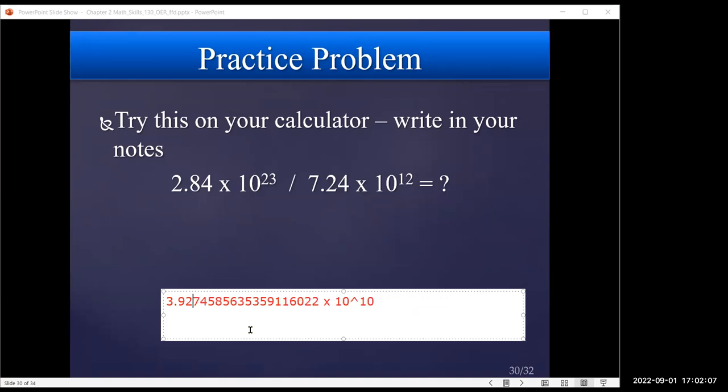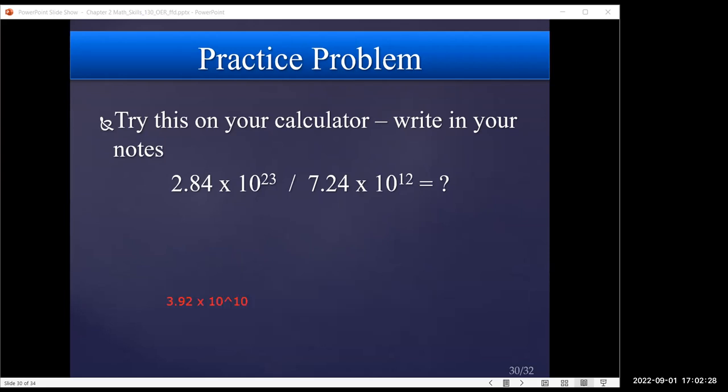So we erase all the others. And so now that's the format that we will present for the answer to that mathematical function that we just did. 3.92 times 10 to the 10th power is what our answer is.